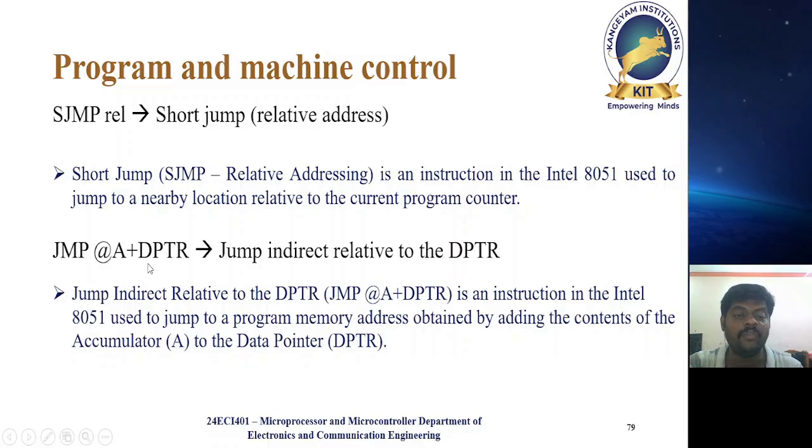Suppose the DPTR value is 4100 and the A value is 02. The result of the addition will be 4002. That 4002 is the memory location where control is transferred, so the CPU will transfer its control to that memory location. So this is the simple jump.